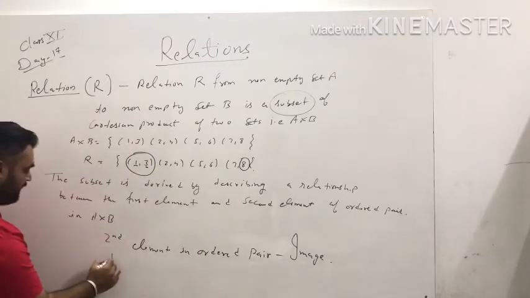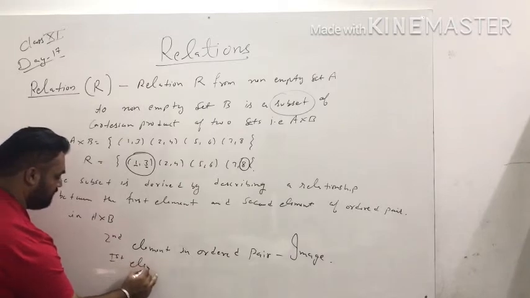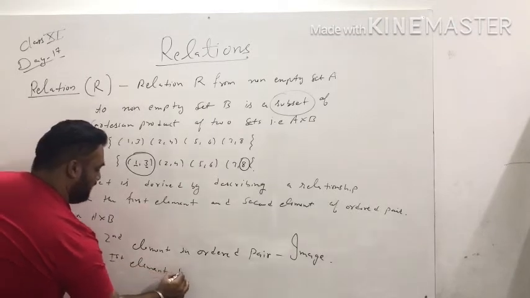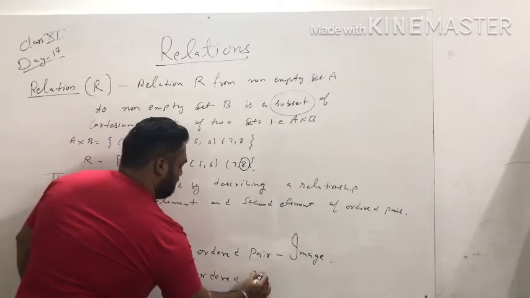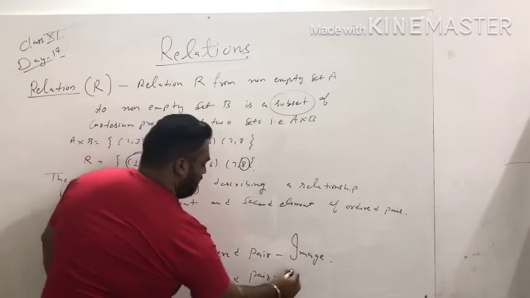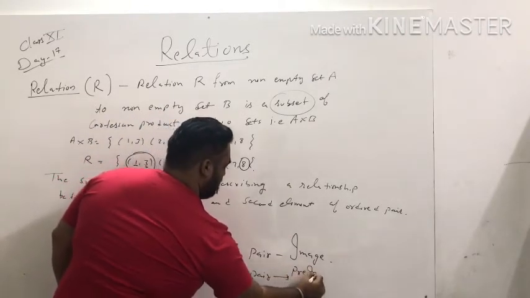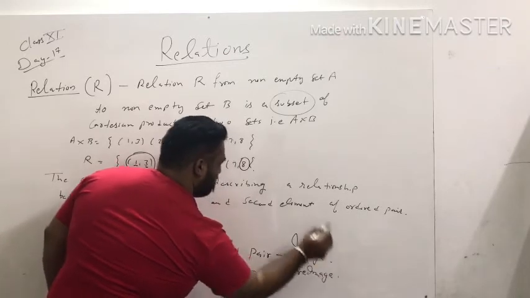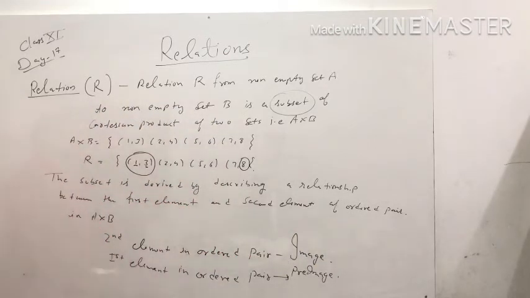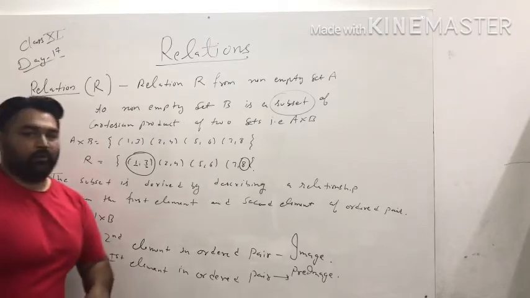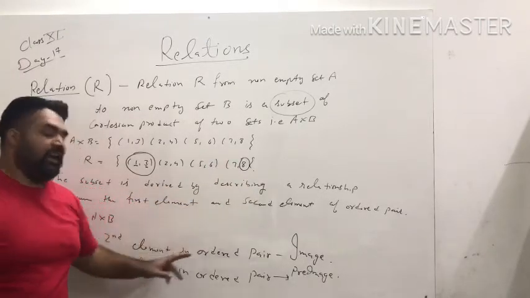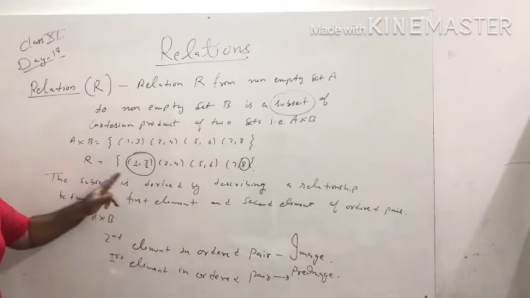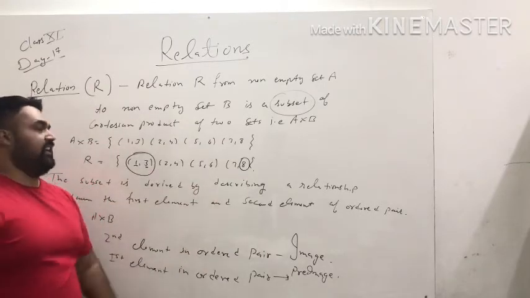And the first element in an ordered pair we call the pre-image. So remember, the second element is called the image of the first element, and the first element is called the pre-image of the second element.